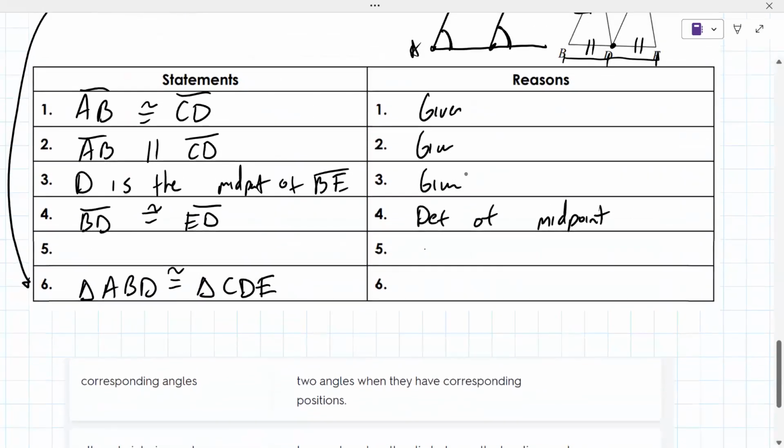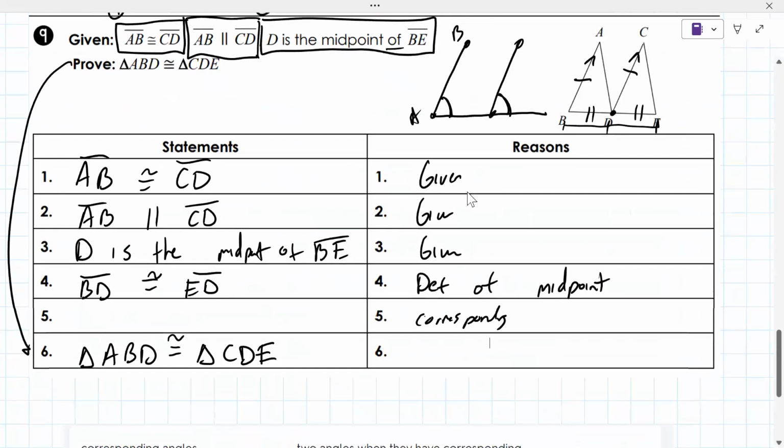Yeah, corresponding. Good. Okay. So my bigger concern is how are you going to remember that going forward? You have to come up with that answer. So we're talking about angle ABD congruent to angle CDE.